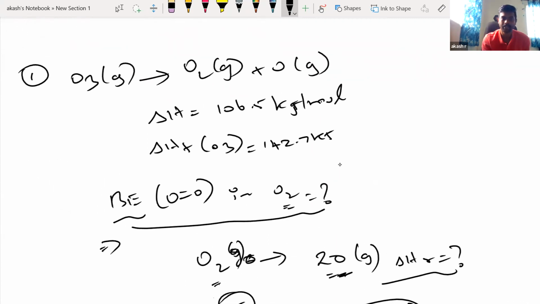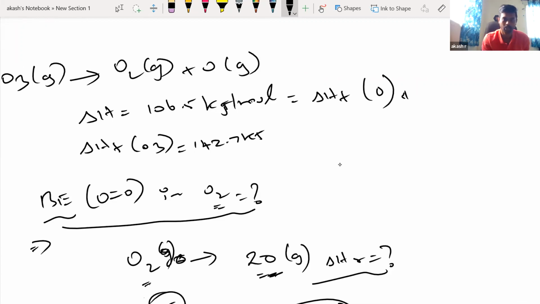So they have given the enthalpy of this reaction, and can I write the enthalpy of reaction again in terms of enthalpies of formation? That would be the enthalpy of formation of oxygen atom, plus 0 because I have O2, minus the enthalpy of formation of O3 gas. This value we know, and this value we don't know.